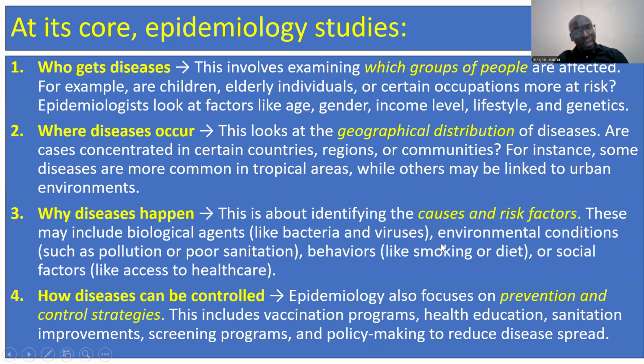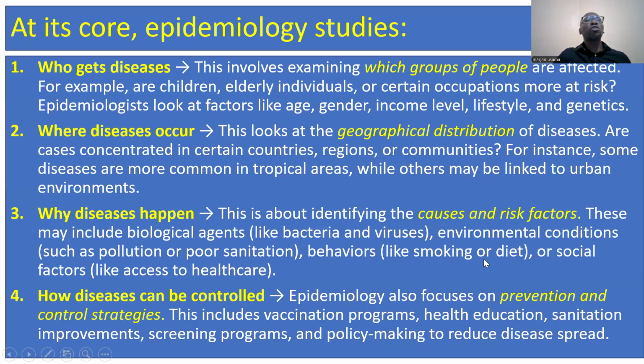So like bacteria and viruses, sometimes it's because of the environment we are living in. So environmental conditions, mathalan, because if you live in a polluted area or in a place where there is poor sanitation, what will happen? You'll get diseases. Then also sometimes it's the behavior, al-suluk, like smoking or the kind of foods we are eating.